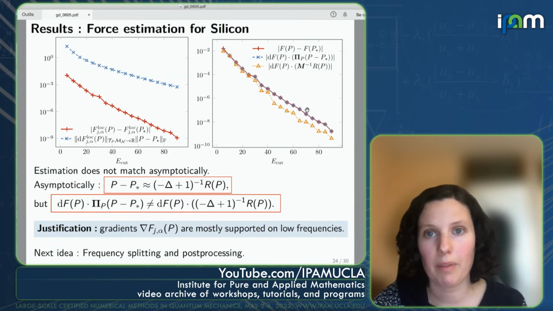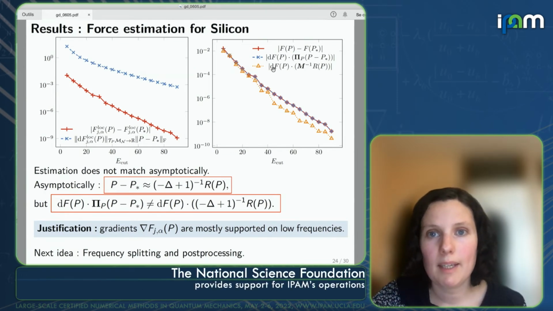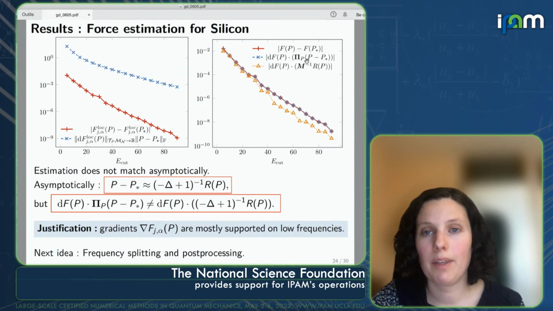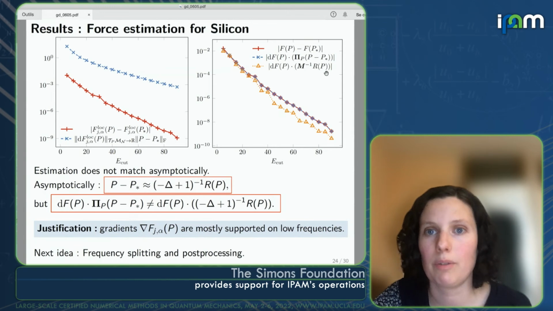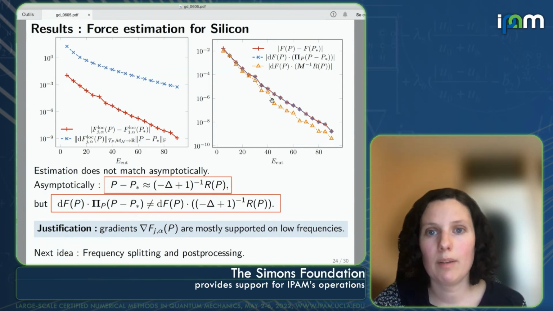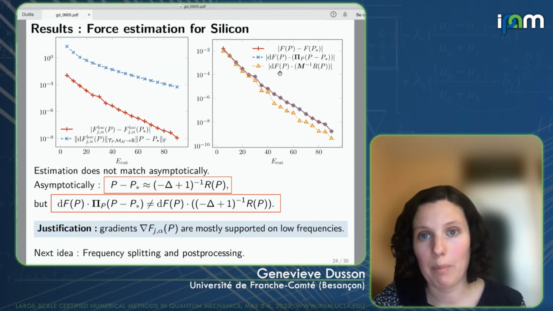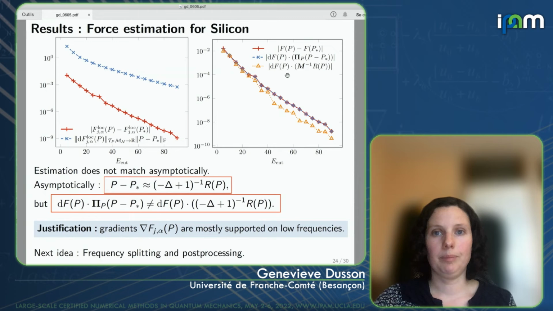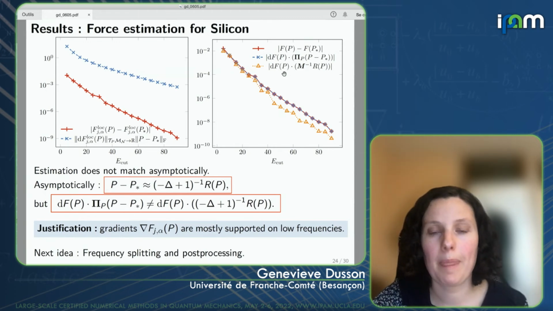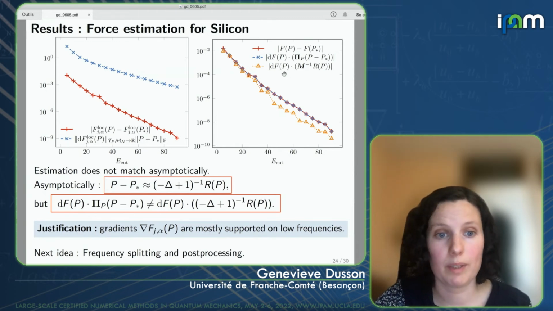So this is already something. But if we replace the error by its approximation using the residual, we are still far off by something like one order of magnitude, which means that this doesn't approximate the error on the forces very well.